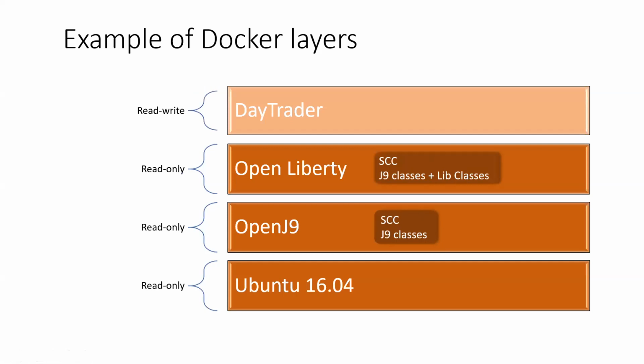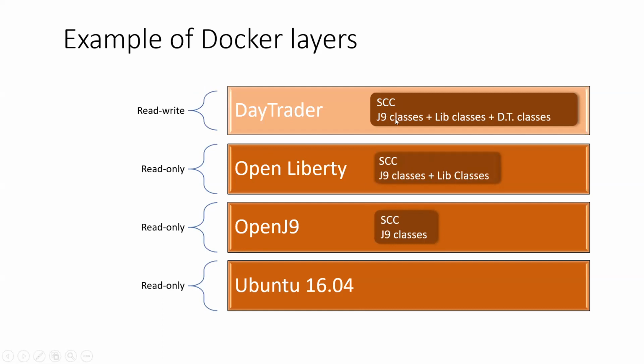When we continue to build the DayTrader layer, the same thing happens again. The whole class cache will be copied to the top read-write layer, and now we have three copies of J9 classes here and two copies of Liberty classes.